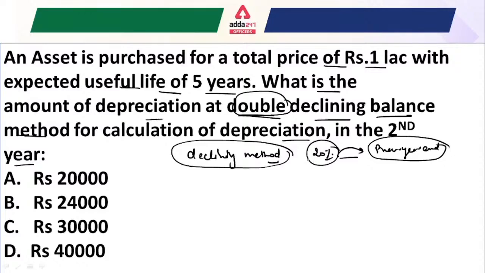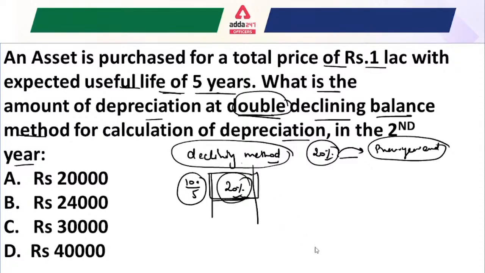Okay, suppose for this particular question an estimated useful life of 5 years is given, that means if we say 20%, that would be the depreciation rate applied on the asset for every year.